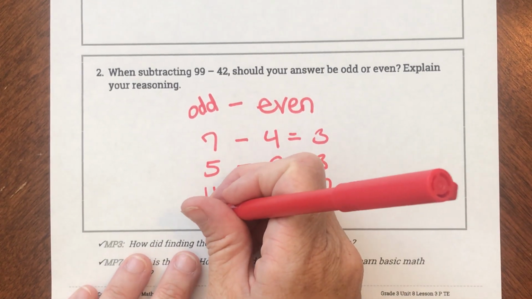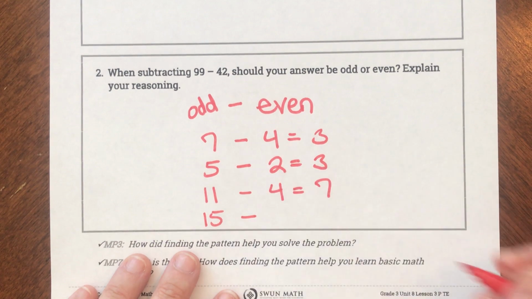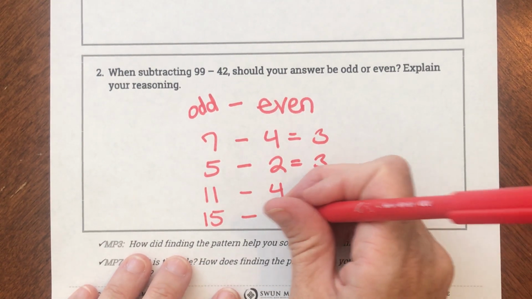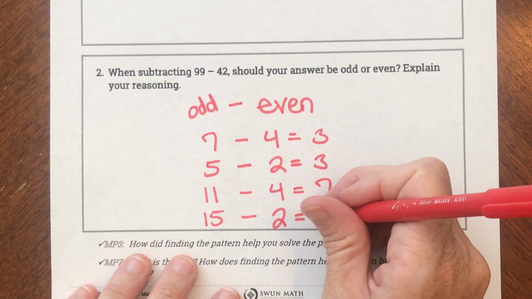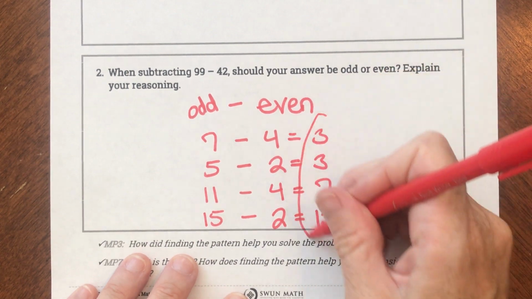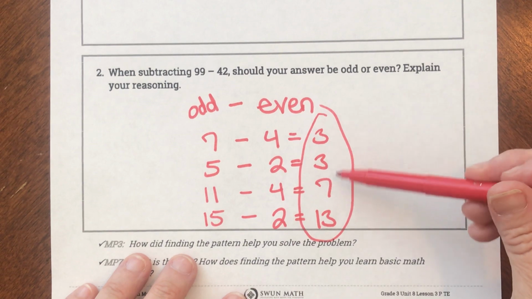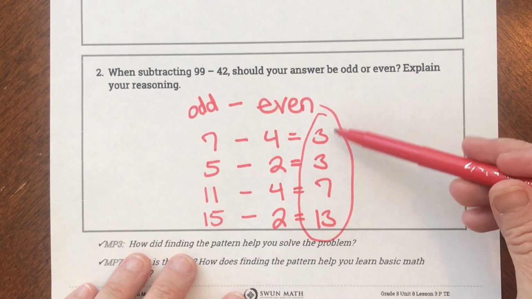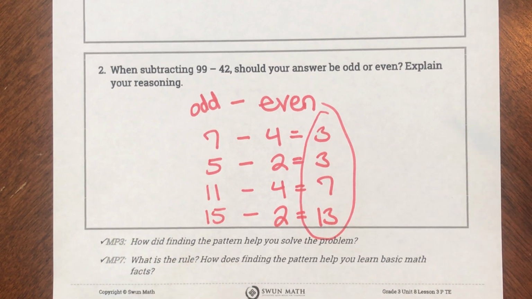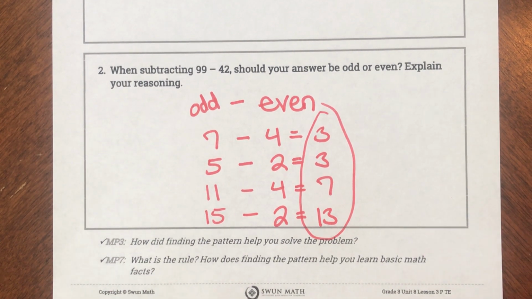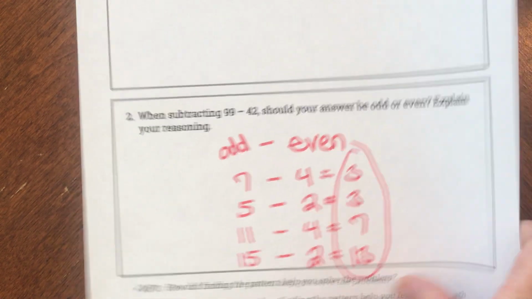What if I had the odd number of 15 and I take away an even number of 2? So 15, what do I see with the pattern with all my answers? So all my answers are odd. So my reasoning could be that I tried other numbers to find a pattern. Okay, let's try some of these together.